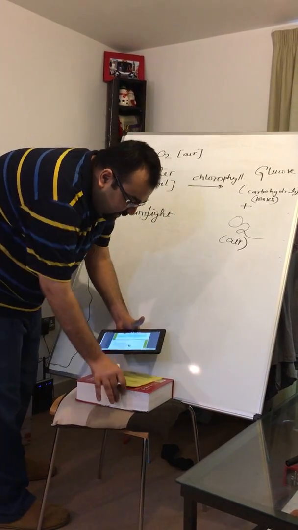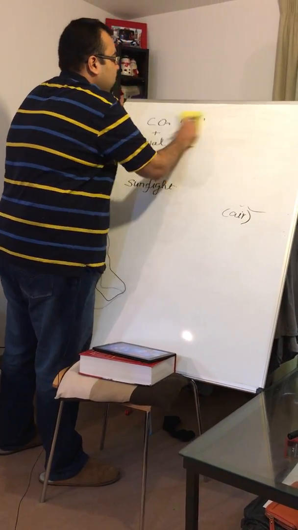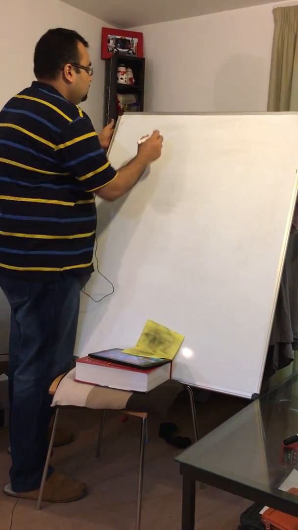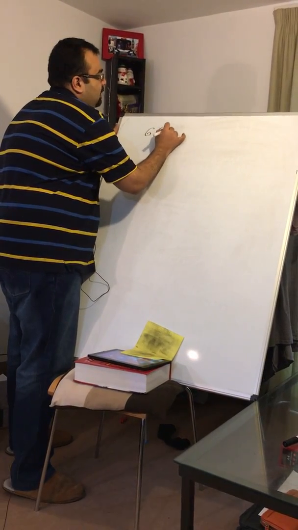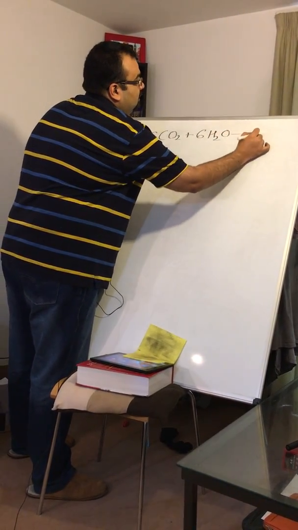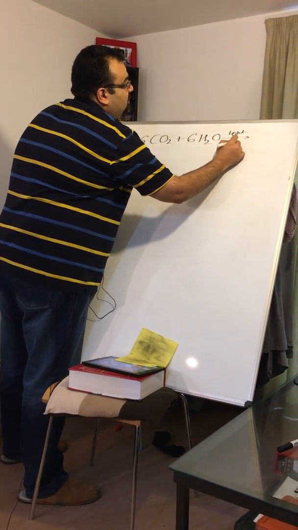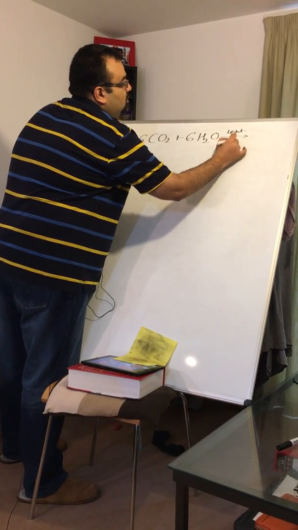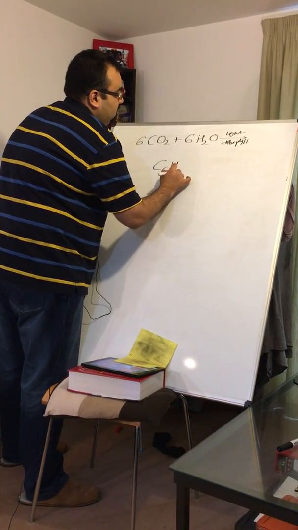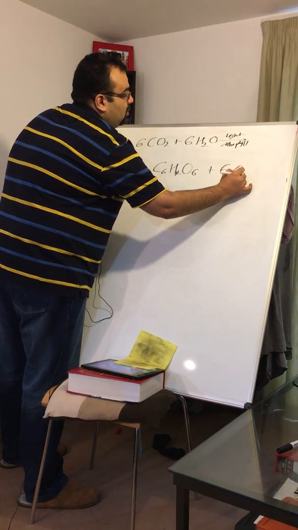If you want to have the exact chemical equation for this whole process, I'll just give you that as well, and I think that would be helpful for your exams as well. 6 molecules of carbon dioxide combined with 6 molecules of water in the presence of sunlight plus in the presence of chlorophyll, to produce C6H12O6 plus 6 molecules of oxygen.